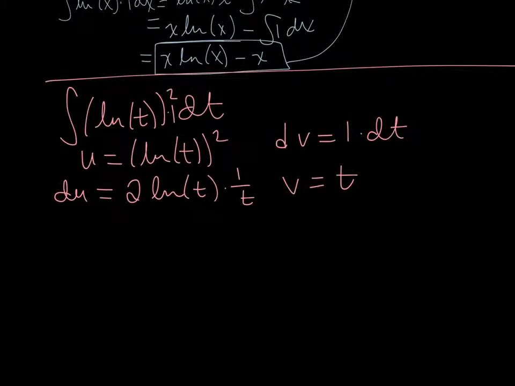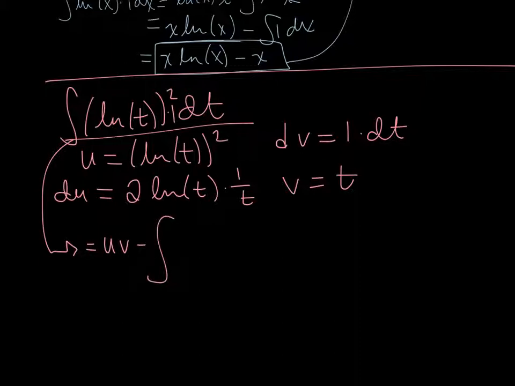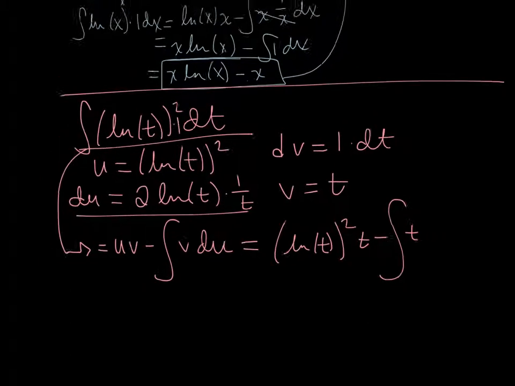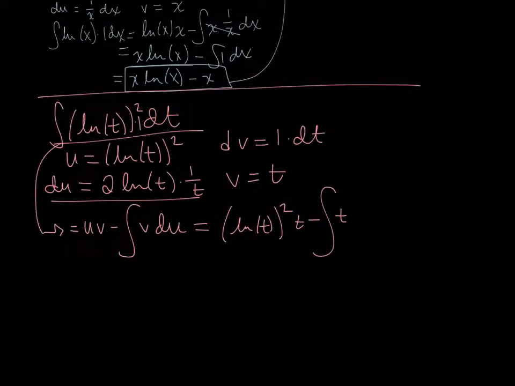So using integration by parts, I'm going to put this in my formula. Again, my formula, uv minus the integral of v du. I look up here and start plugging things in. U is ln of t squared, v is t, minus the integral of v, which is t, and then du, which is 2 ln of t times 1 over t dt.